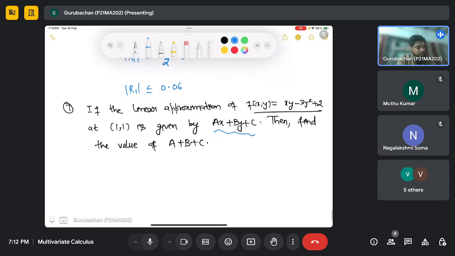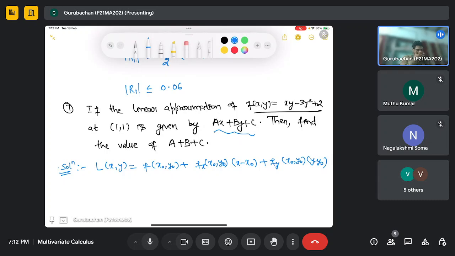So again we are repeating the linearization technique, which is L(x,y) equals f at (x naught, y naught) plus the first order partial derivative at (x naught, y naught) with respect to x into x minus x naught, plus the first order partial derivative with respect to y at (x naught, y naught) into y minus y naught.